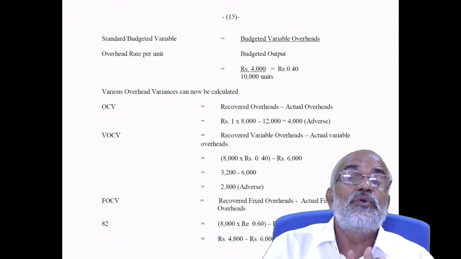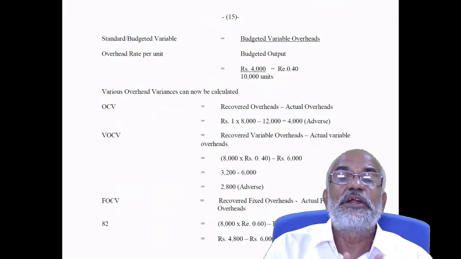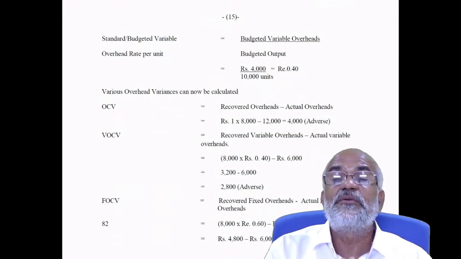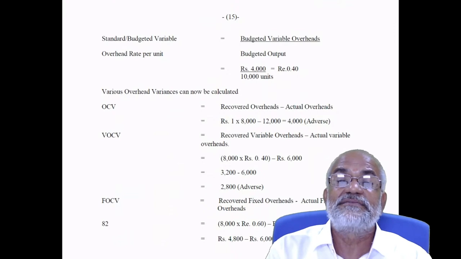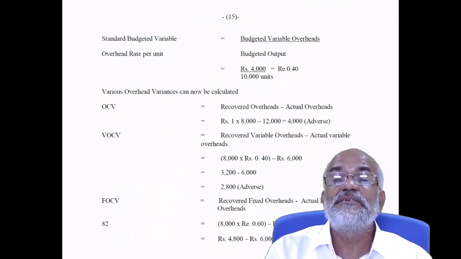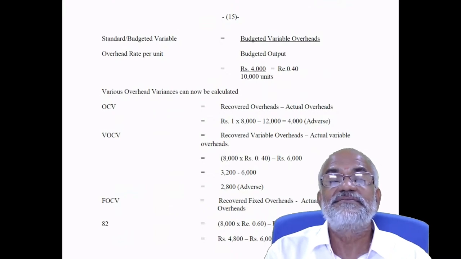At this juncture, we will calculate the overhead cost variance. The formula is recovered overheads minus actual overheads. So 1 into 8,000 minus 12,000 comes to 4,000 adverse.